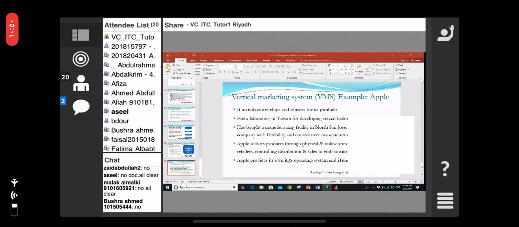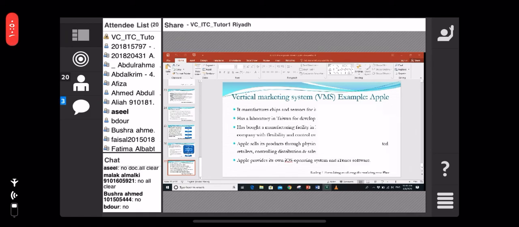Do you have any questions, guys? Mariam Ahmed, Badur, Bushra, Fatima. Malak Al Malki, everything was easy. Thank you. All clear. What about other students? Only four or five students.